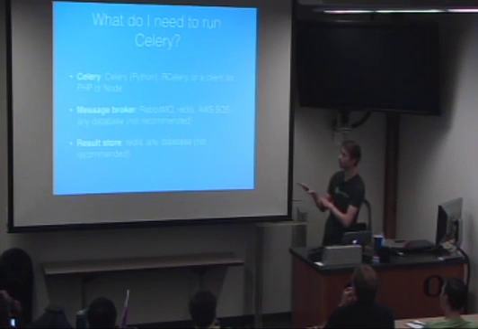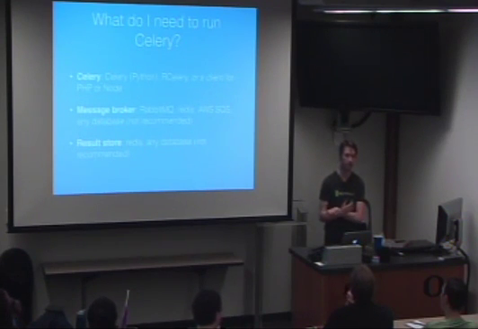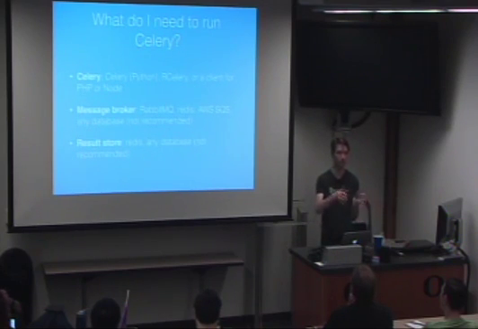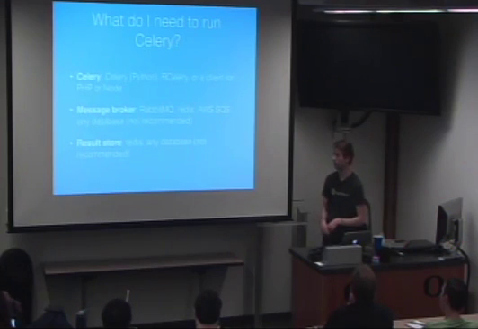We'll talk about this a little bit later, but basically, you can use any message system like RabbitMQ. You can use an in-memory database like Redis, or you can use a database. And then you need a result store, because the tasks can calculate certain results, and sometimes they want to talk to each other, and they need to store the results at a central point where all the workers can talk to.